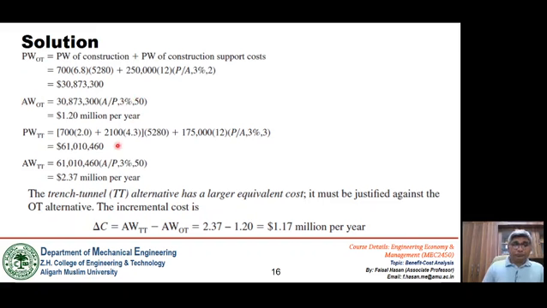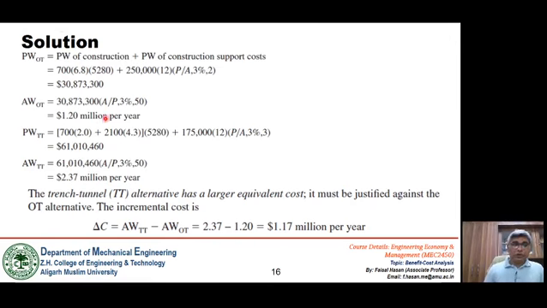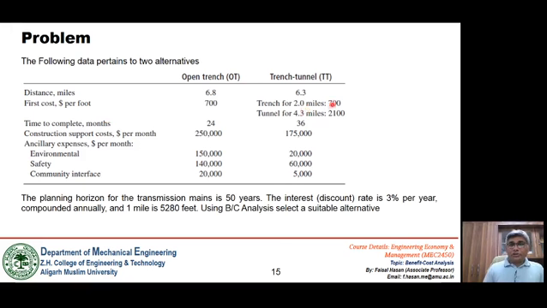Similarly, for the second option, the trench tunnel, the cost is given as $700 per foot for the initial 2 miles. So you convert 700 into feet and multiply by 2, and for the remaining 2100 you multiply by this and 4.3.